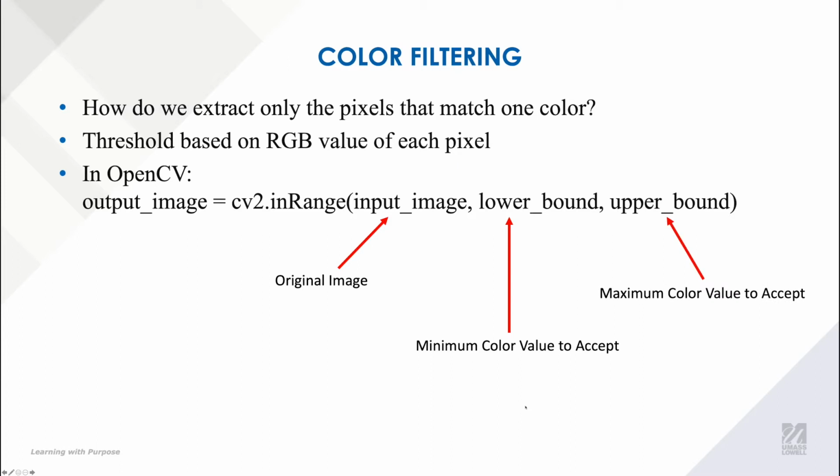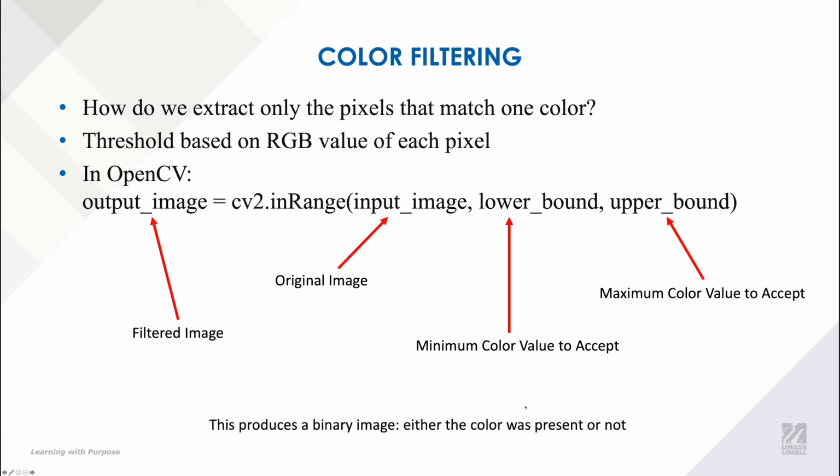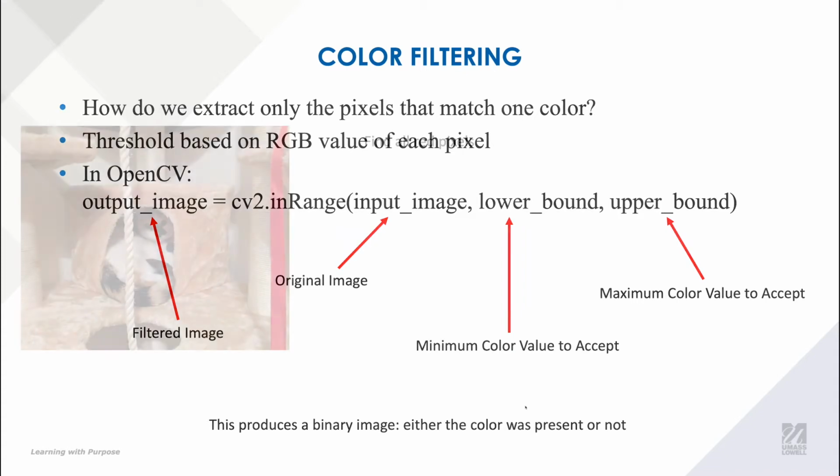So the maximum amount of red, the maximum amount of green, the maximum amount of blue. And this goes and gets put into an output image at the end. And this basically produces a binary image. Either the color was present or it was not. So if the color in that particular pixel was in the range you specified, the output pixel will be white. If not, it'll be black.